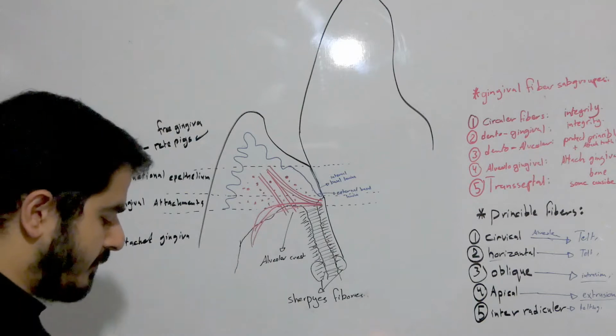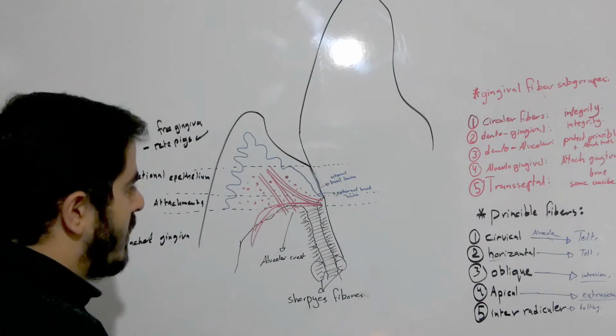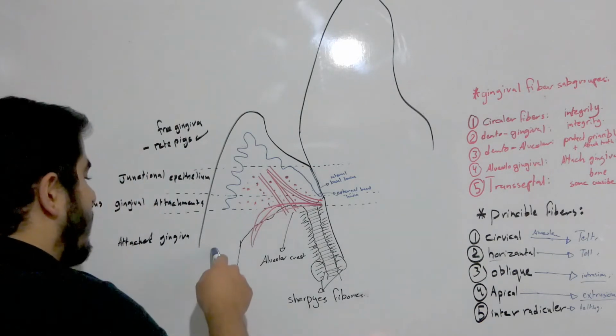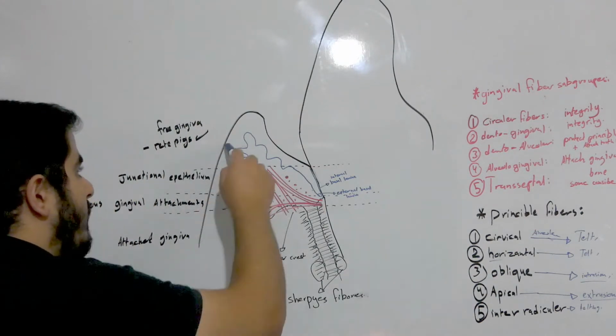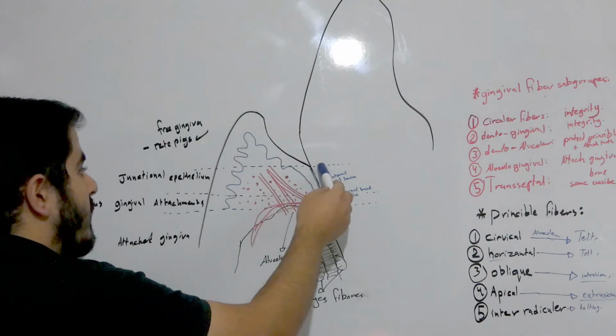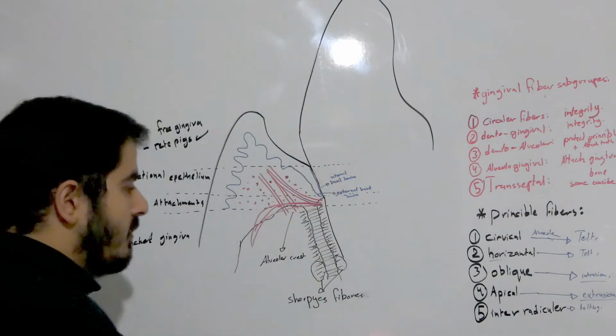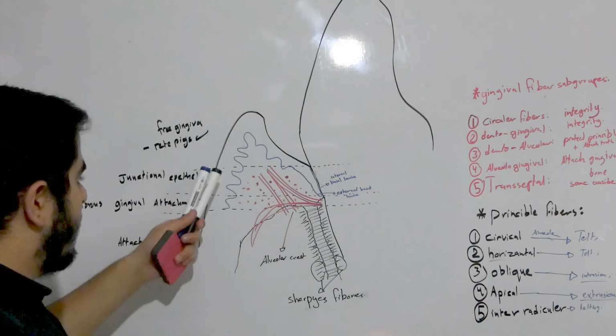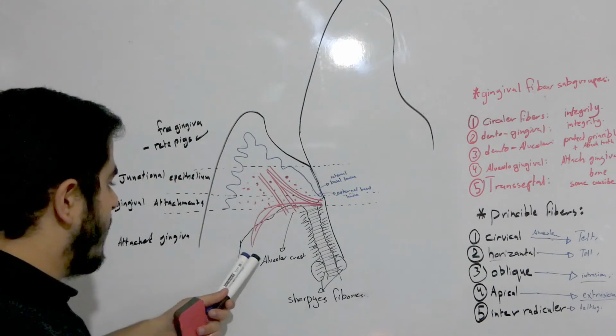As we can see here, the gingiva is divided into attached gingiva, free gingiva, and junctional epithelium. The attached gingiva is the gingiva that is attached to bone.